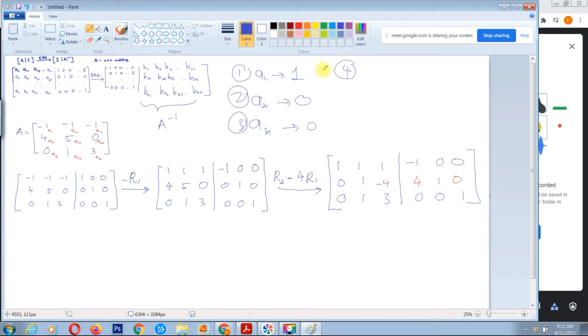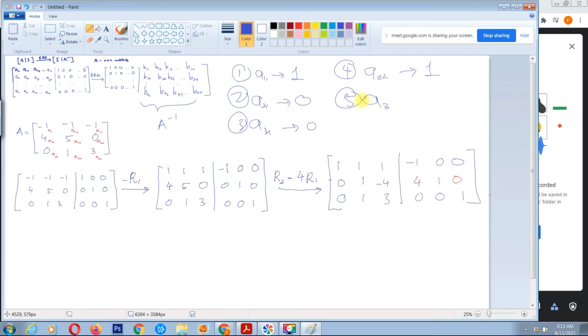And then the fourth step is to make sure A22 will be 1. It is already 1. So go to the next step.